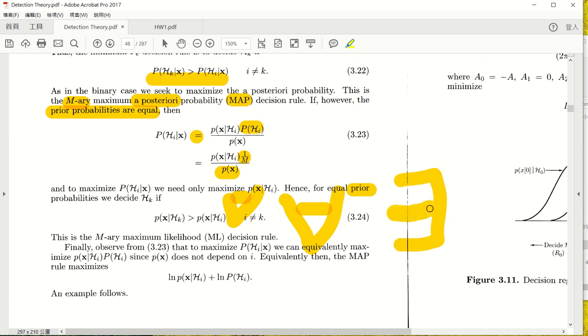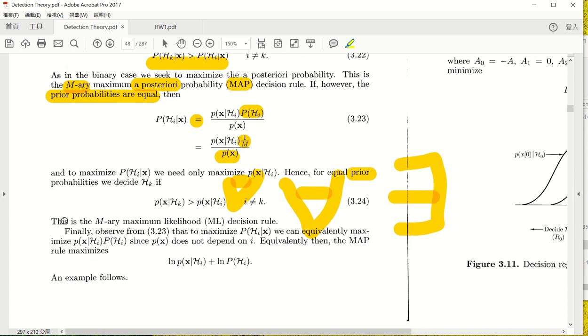This is exist, in terms of mathematical notation, it means there exists something. This is for all, for every i not equal to k. Not just one i not equal to k, it is for all i not equal to k. If this equation sustains, then we will say Hk is the best decision. This is the M-ary maximum likelihood decision. So this is the M-ary maximum likelihood.